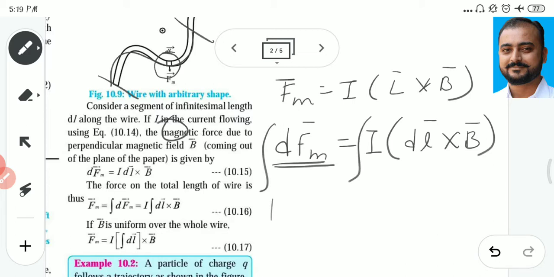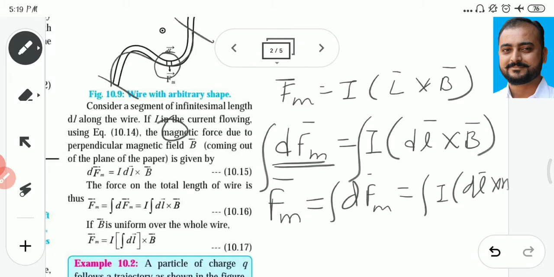That can be given by the total force acting on the total wire, that is the integration of the small forces due to the small elements, I into dl cross B bar.